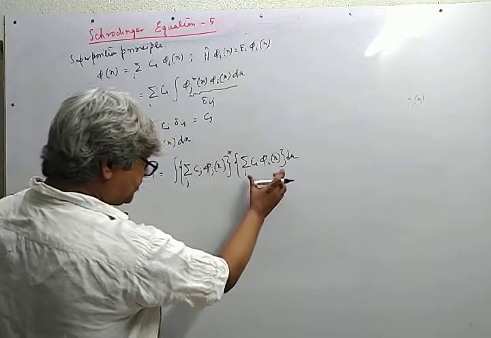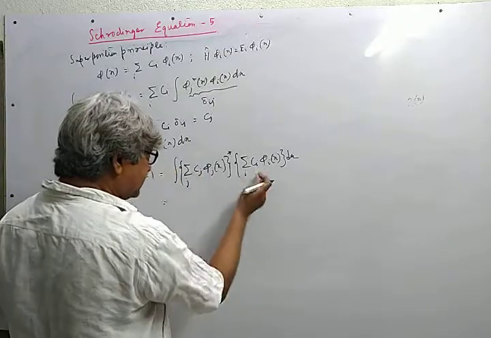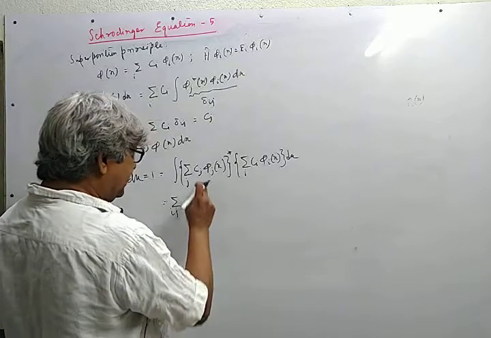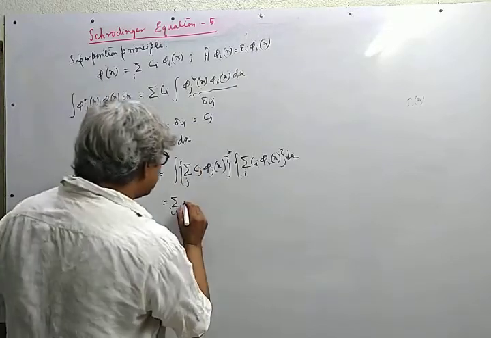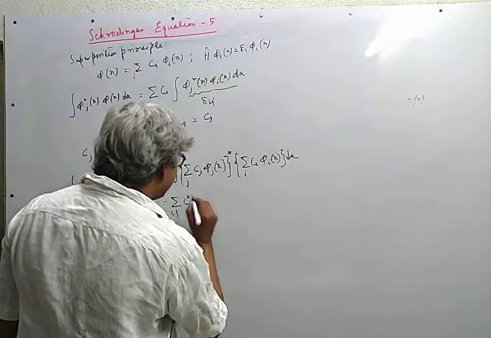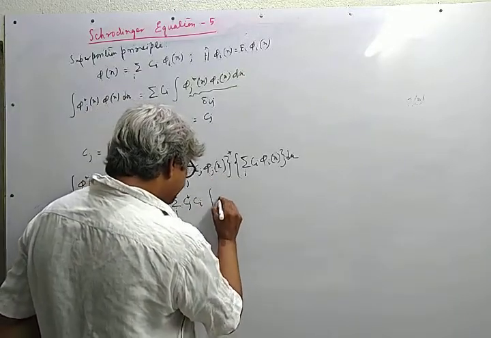So star is done, and this is the first thing. We take the summations out. So i and j. This will come out as Cj star, and this will come as Ci, and this will be phi j star.